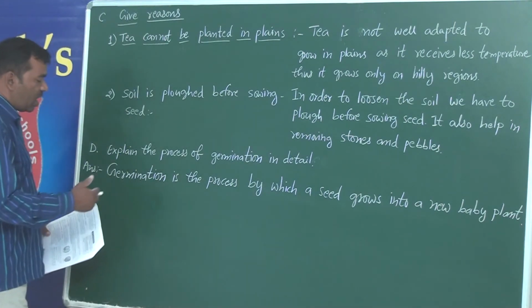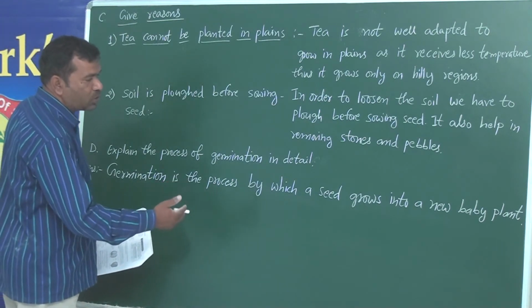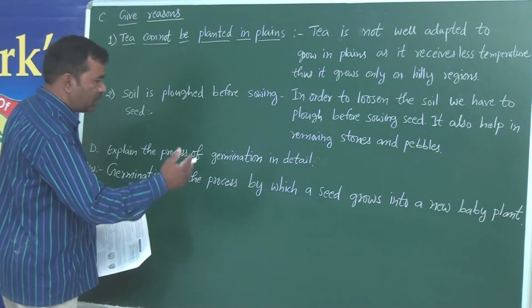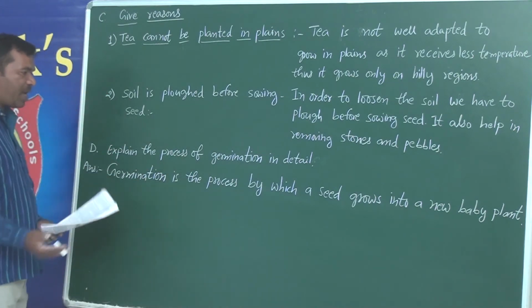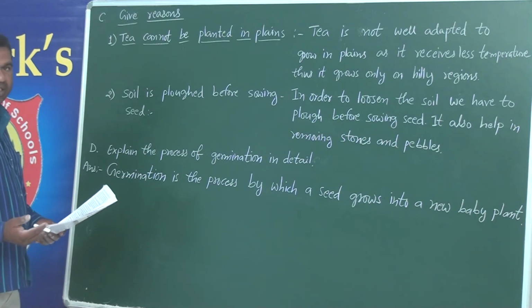Understand? We have defined germination. Germination is the process by which a seed grows into a new plant. Okay? Now we explain how the germination takes place.